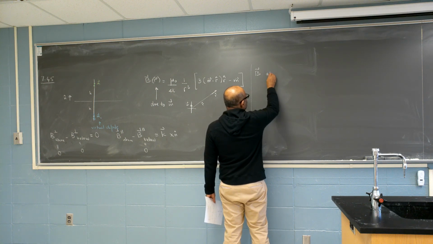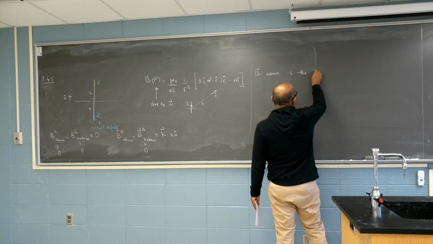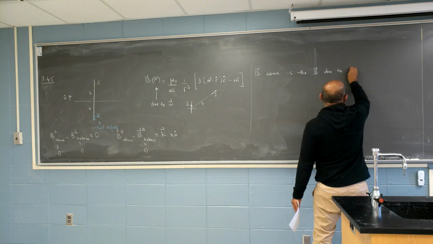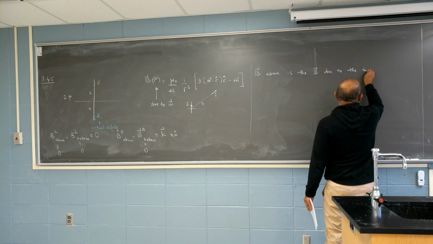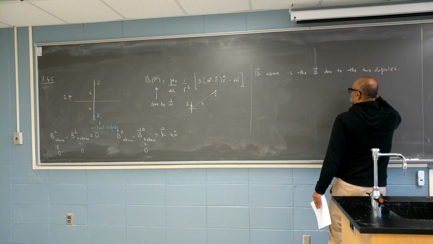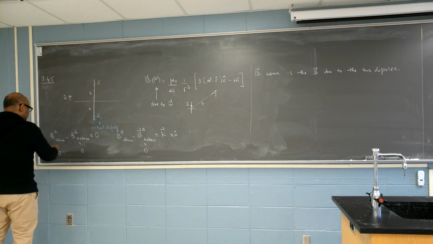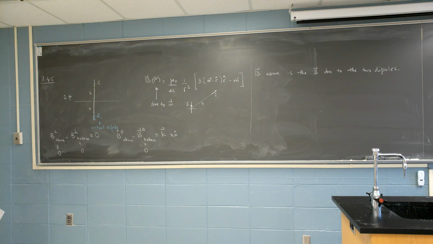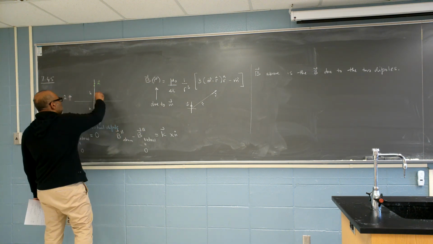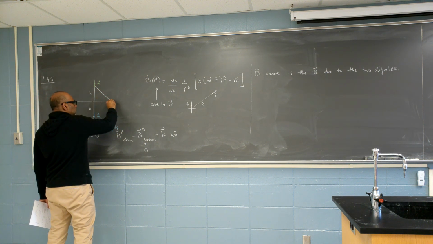B above is the B due to the two dipoles. But I'm more concerned with showing this boundary condition. So I'm going to calculate B at the interface. So I'm going to pick a point here.